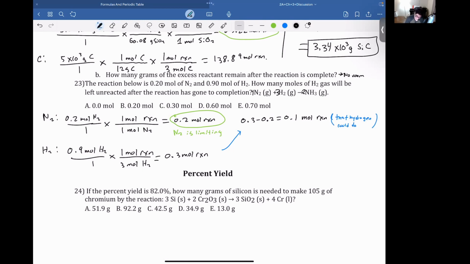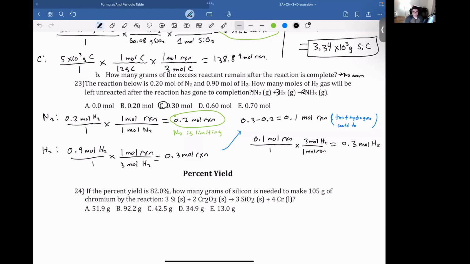Because it's limiting. And then we just go backwards. So 0.1 moles of reaction. For every 1 mole of reaction, you get 3 moles of hydrogen. And then you get 0.3 moles of hydrogen.